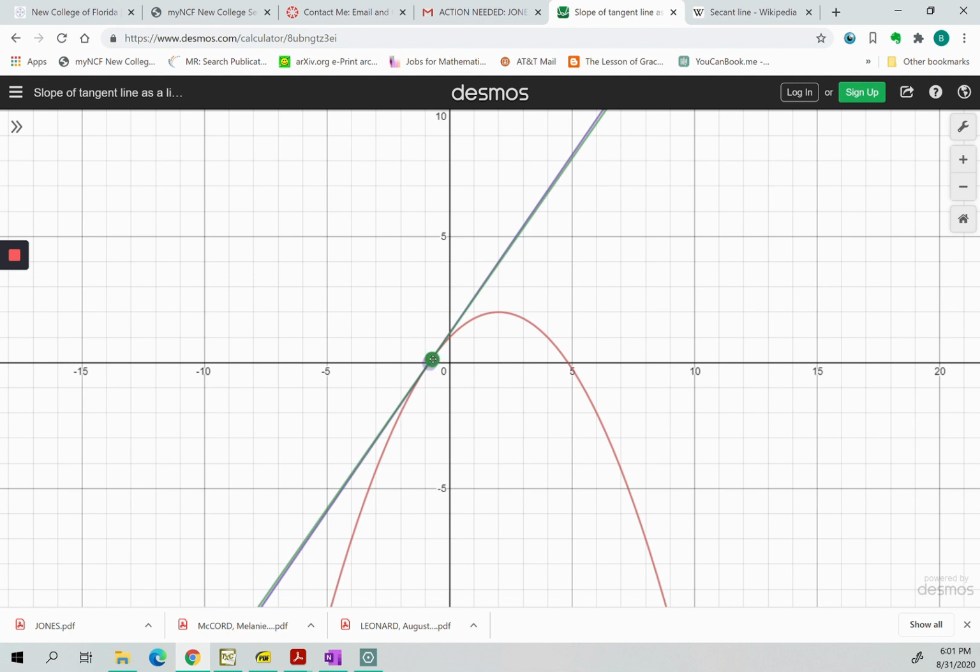So this is the idea of a limit and how our secant lines are going to approximate the tangent line. We will get into that later when we actually define the derivative. But I just wanted you to visualize the connection between the secant line and the tangent line. Okay.